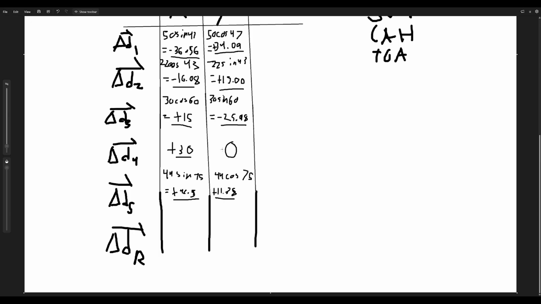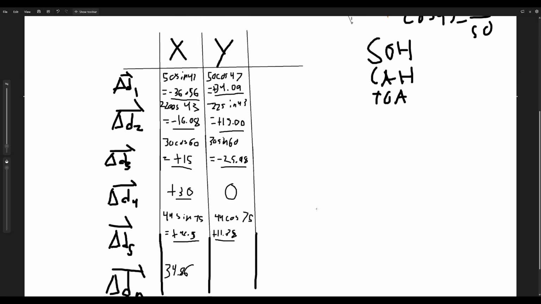So for our x, we have negative 36.56 plus negative 16.08 plus 15 plus 30 plus 42.5. And I get positive 34.86.